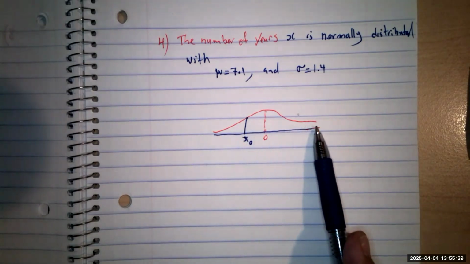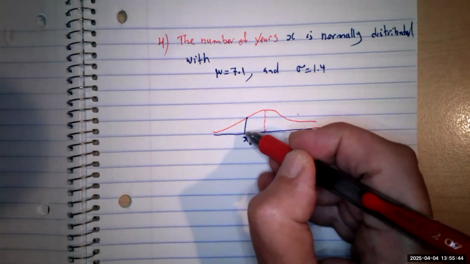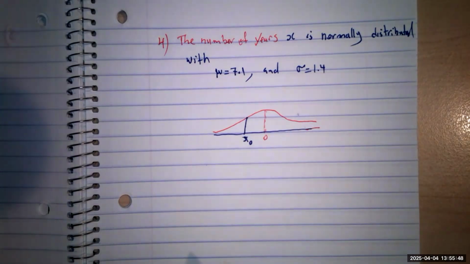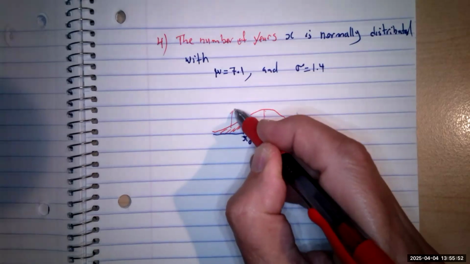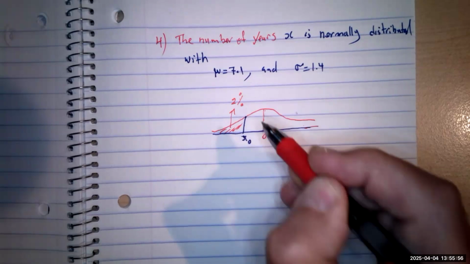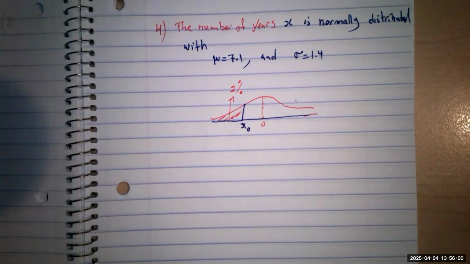So the way you set up this problem is that you have to find a number so that the area to the left of that number is 2%. This is important because when you go to the application, it's lower or upper.